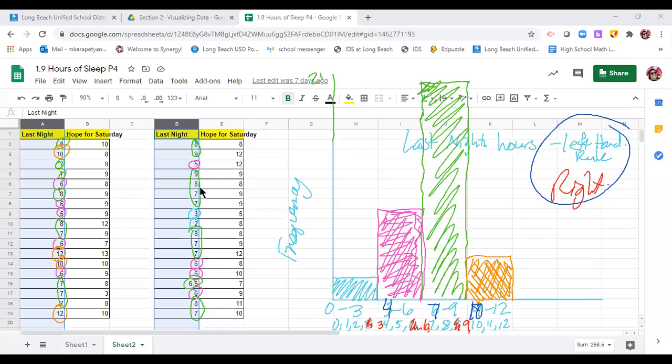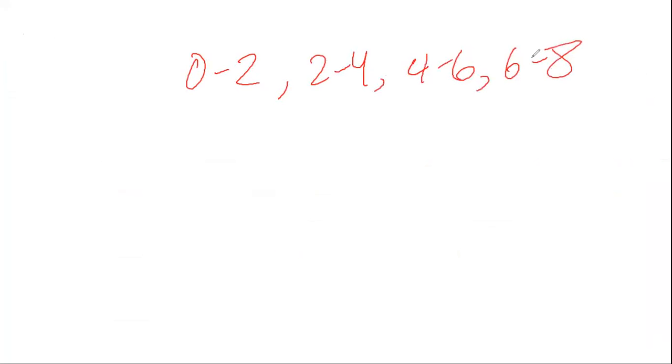Okay, so again, you have your left-hand rule. That means essentially you're including the number in the left column. So if I have intervals, let's say it's 0 to 2, 2 to 4, 4 to 6, 6 to 8, let's say these are my bins.